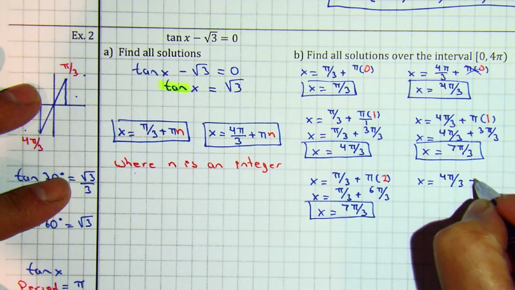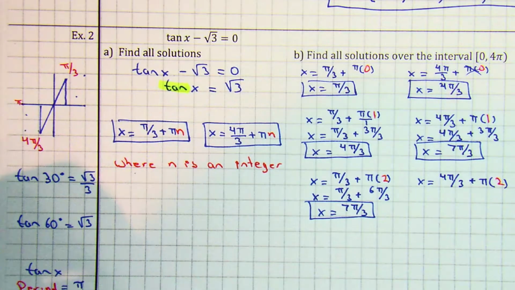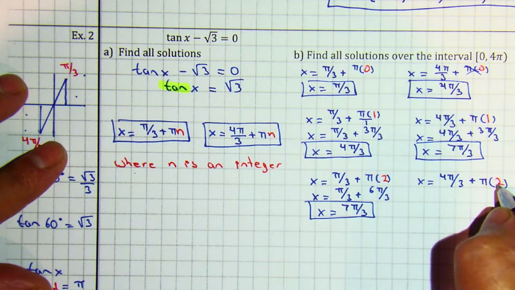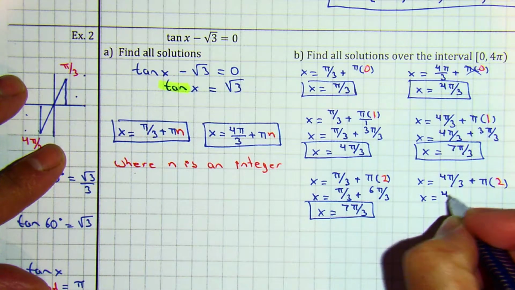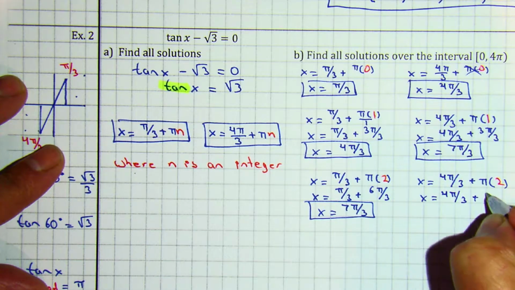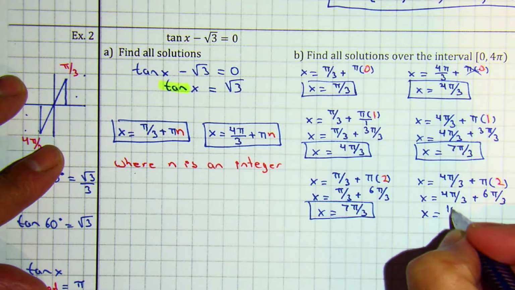You probably already noticed something, right? And we'll talk about that in a few minutes. So therefore I'll multiply by 3, so it gives me 6/3. It gives me x equal to 10 pi over 3.